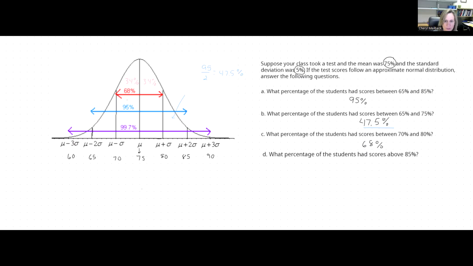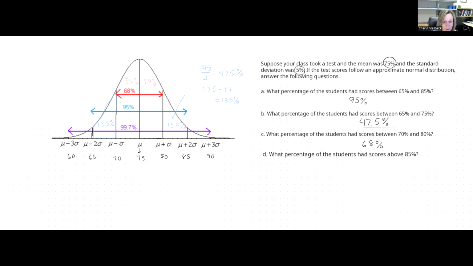So if we do 47.5 minus the 34% in the middle, we're going to be at 13.5%. So this area here is going to be 13.5%, as is this area here. That would encompass between 1 and 2 standard deviations, this little block here, below the mean or above.